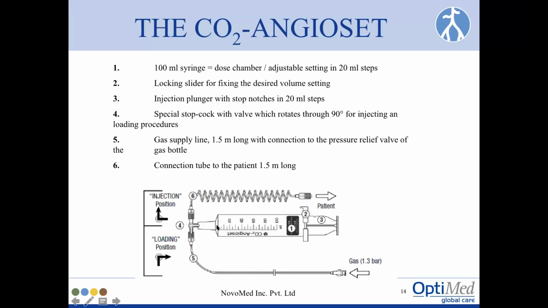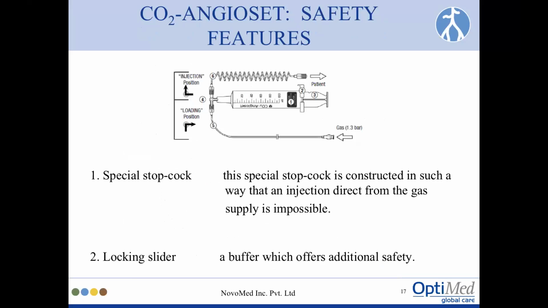The moment gas enters, the piston starts coming back, and this number 2, which I'll show you in more detail, locks at one point so that the system doesn't back off totally. Depending on how much gas you need to load, you can lock it at 20, 40, 60, 80, or 100.